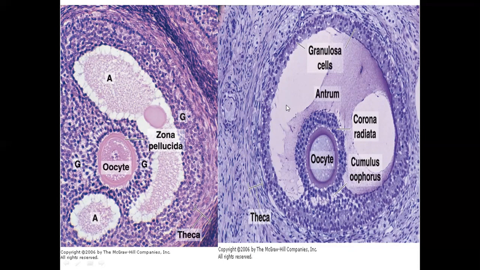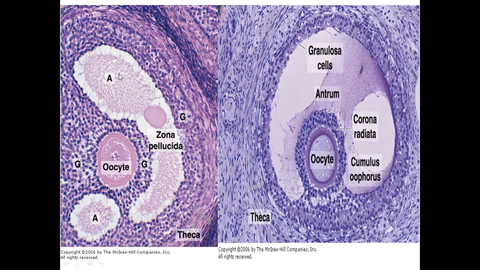The crown cells covering the oocyte from the antral side are termed the corona radiata, and the cells on which the oocyte is now resting are termed the cumulus oophorus. The remaining cells of the granulosa cell layer are termed granulosa cells, and outside the basement membrane of the granulosa cells there is a fibrous layer of stroma which is termed the theca layer.